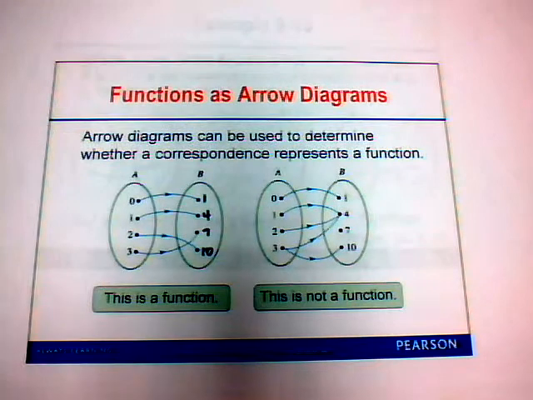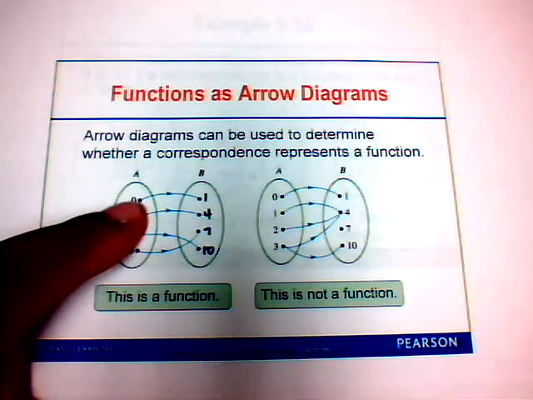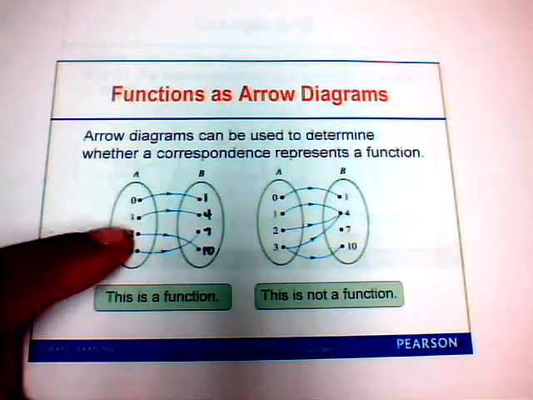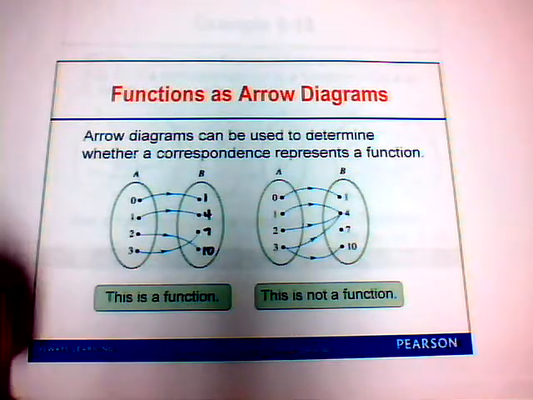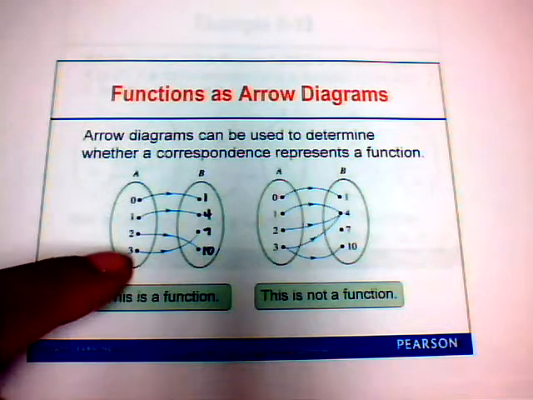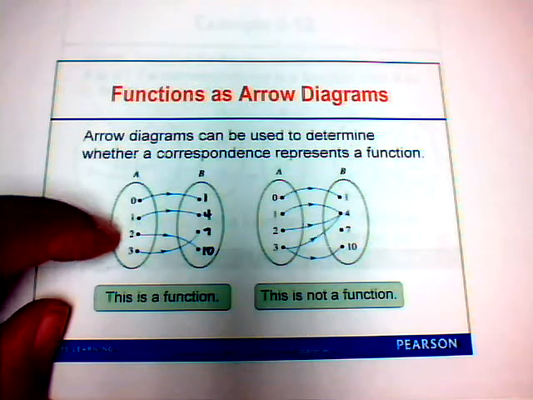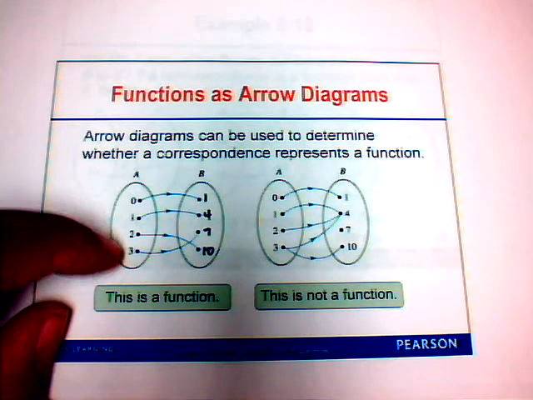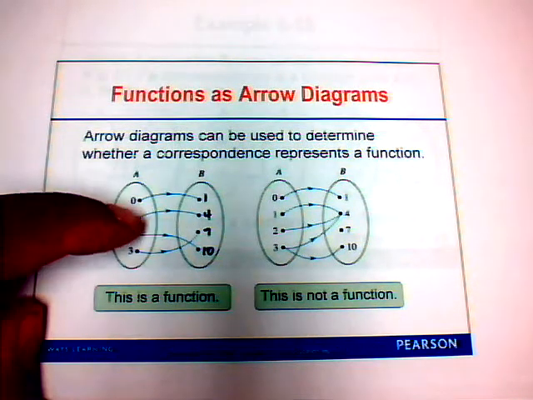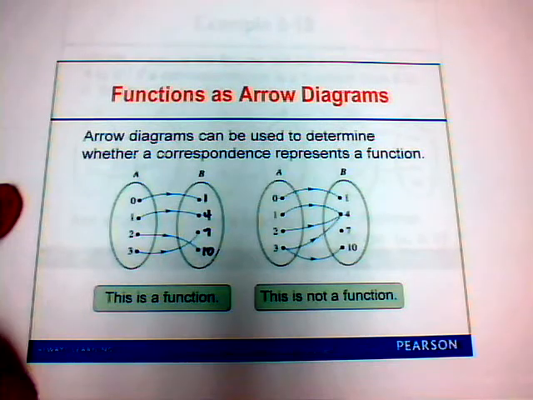This would be a function because you can see 0 is only paired with 1, 1 is only paired with 4, 2 is only paired with 10, and 3 is only paired with 7. That means each number in the domain is paired with only one number in the range.